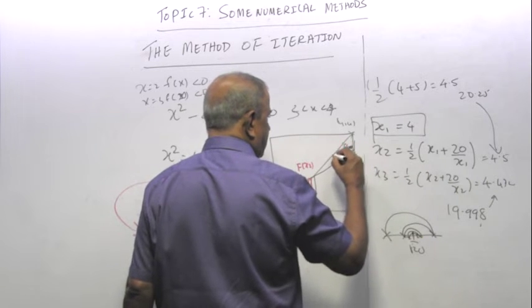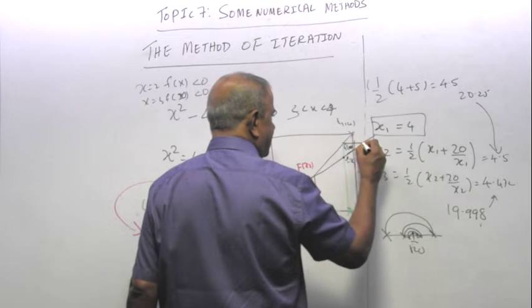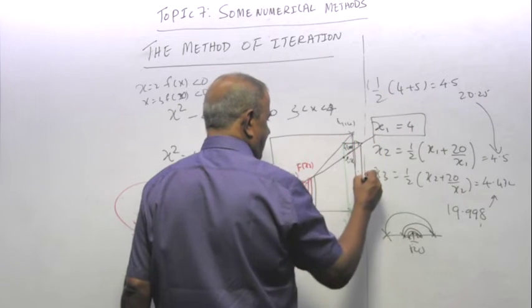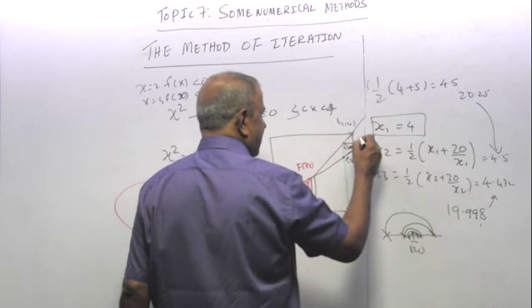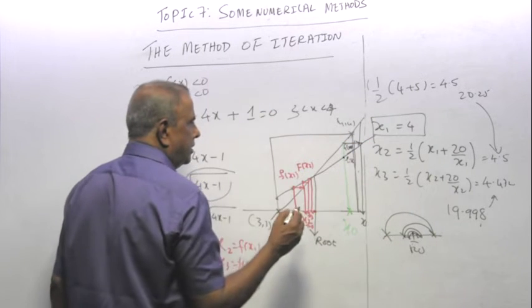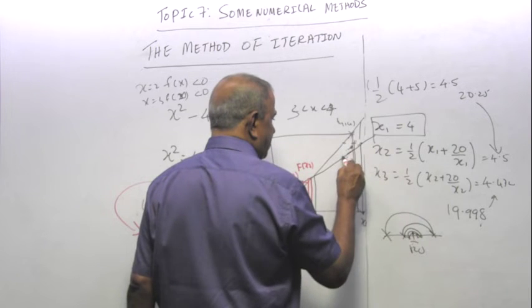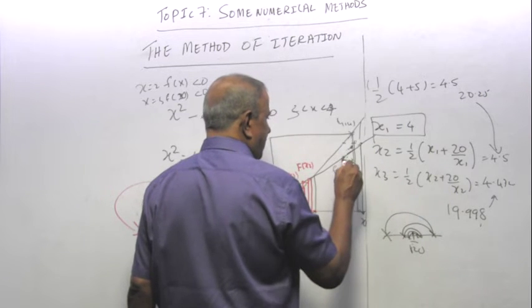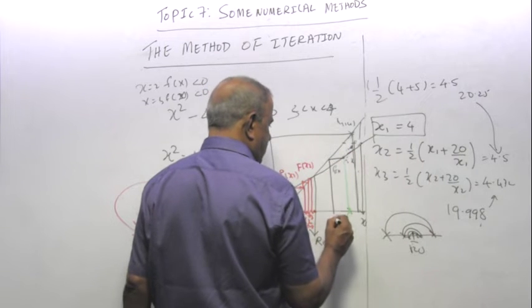If I were to draw a line parallel, I get x1. Then you see, that is f of, oh no, sorry, this is f of x naught because that's the curve. And then, if I were to draw a parallel, that is x1.